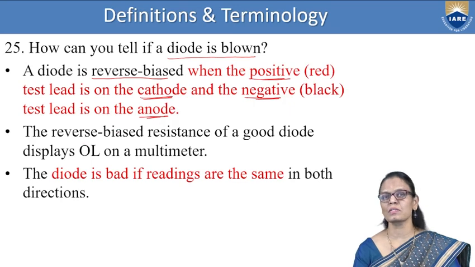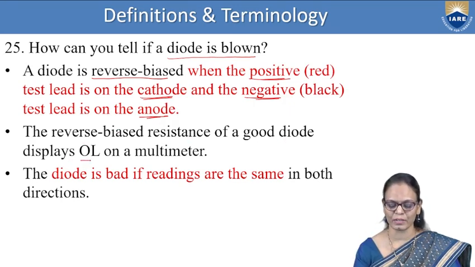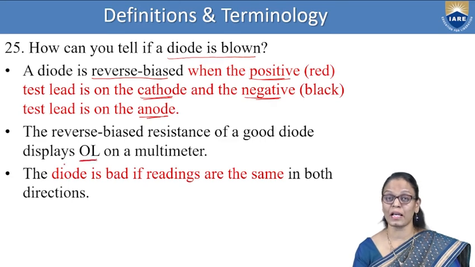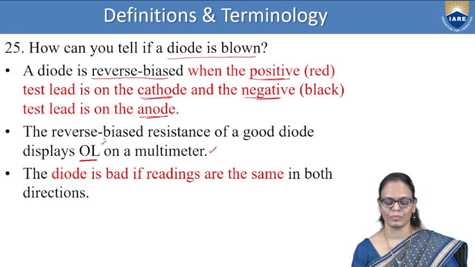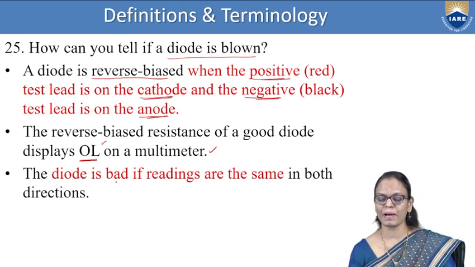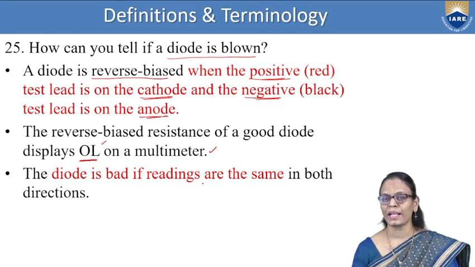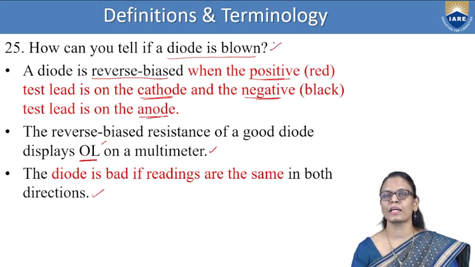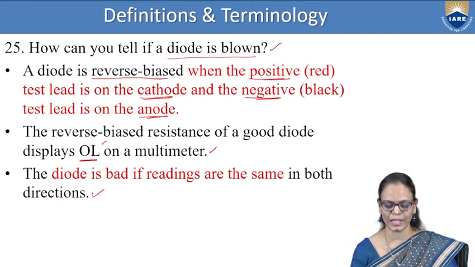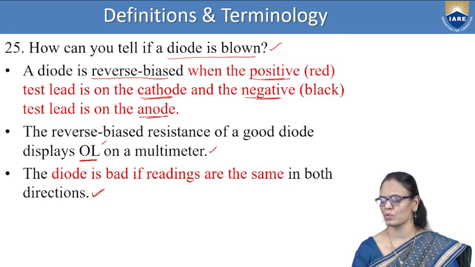Now the reverse biased resistance of a good diode displays OL. It shows as open line on a multimeter. If you see the display on the multimeter, it is OL. Now if the diode is bad, meaning it is blown off, the readings are the same in both the directions. That is how we identify if the diode is blown.